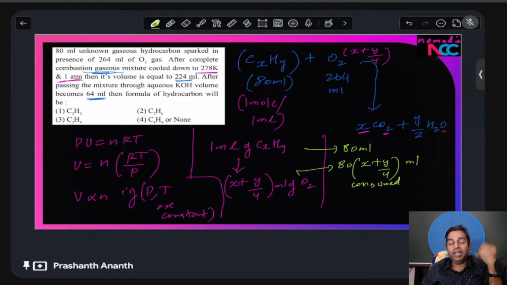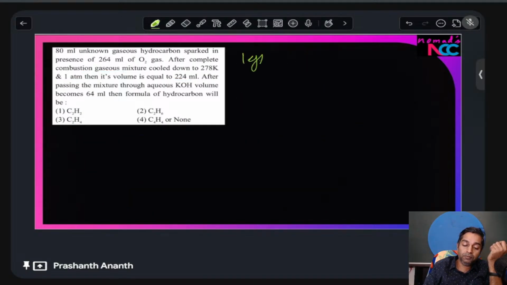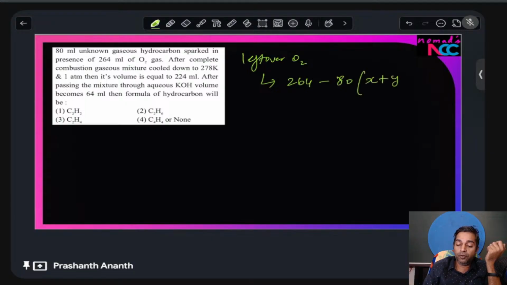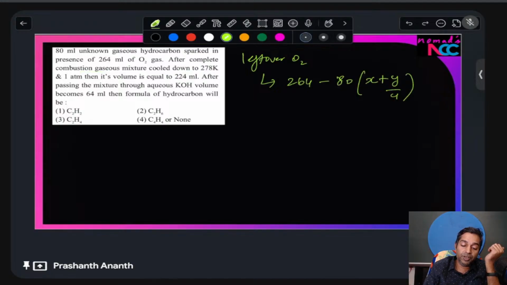So the leftover oxygen is going to be 264 minus 80 into x plus y by 4. I am of course assuming that the hydrocarbon is completely consumed over here. That is the only way in which it can be a complete combustion of this gaseous mixture. So I am making that assumption that the hydrocarbon is a limiting reagent and we are having perfect complete combustion happening here.